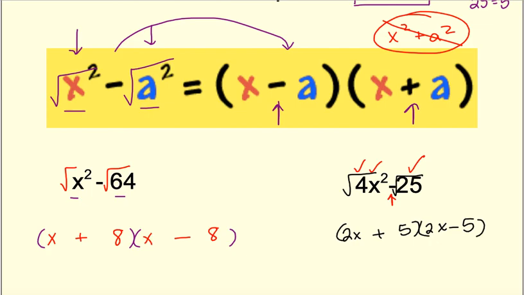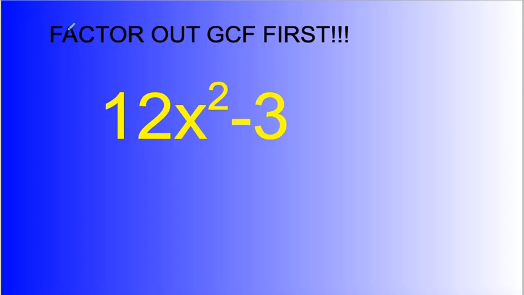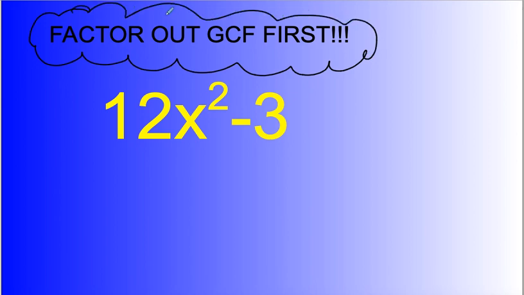All right, let's look at a harder one. You've got to always check to see if there's a GCF first. And in this case, I have one. I might not have thought about DOTS because it is 2 terms, but they're not perfect squares. But when I factor out the greatest common factor of 3, I'll be left with 4x squared minus 1. Okay, so we factor out the GCF.